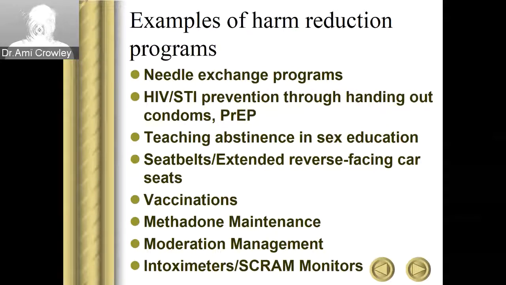Methadone maintenance programs, and even now buprenorphine or Suboxone. Teaching moderation management is a form of harm reduction. And then intoximeters and scram monitors that can be installed in either a vehicle or worn directly on an individual are also examples of harm reduction.